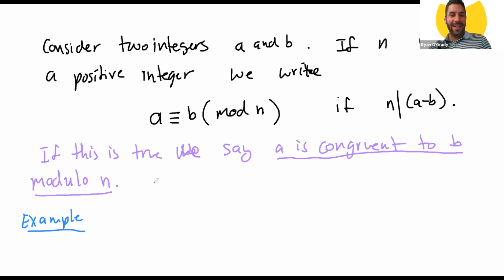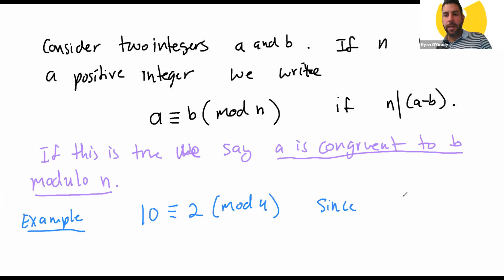Take, for example, 10. 10 is congruent to 2 mod 4. Why? Well, since 4 divides 10 minus 2, which is 8.